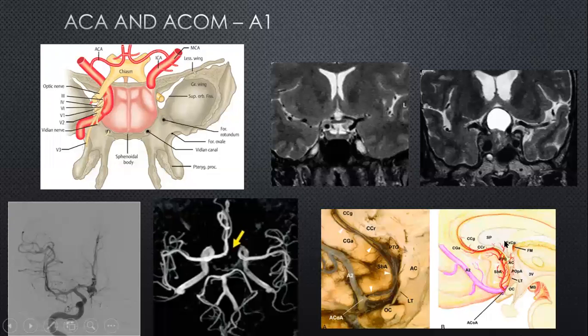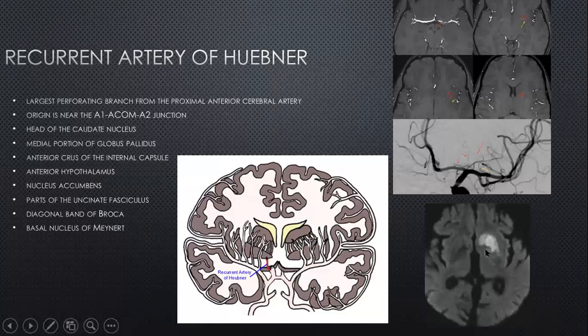Hence any damage to this area, for example after ACOM hemorrhages, will lead to profound effects on the patient's personality, on the person's sense of smell, and can also be epileptogenic. And this is the relevance of that A1 segment.